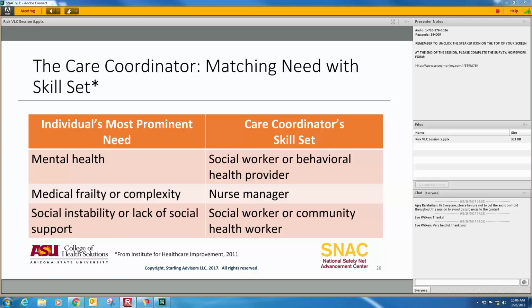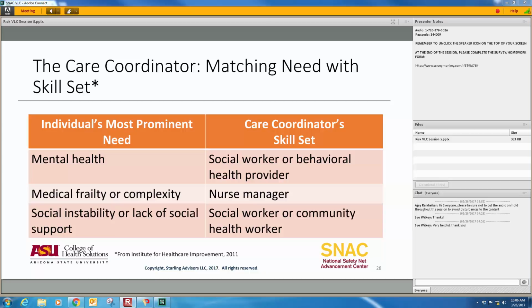If there was a magic formula for this, all three of us at Starling Advisors could retire because we could sell a turnkey solution to everybody. But so much of it depends on who the patients are and to some degree what your local resources are.